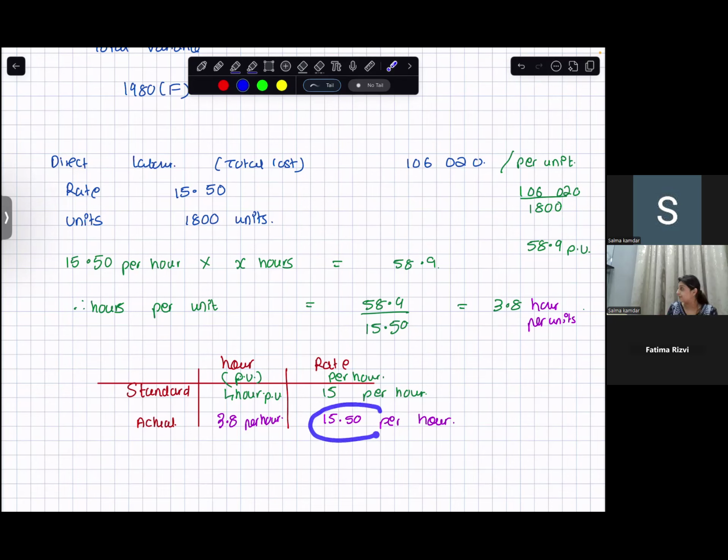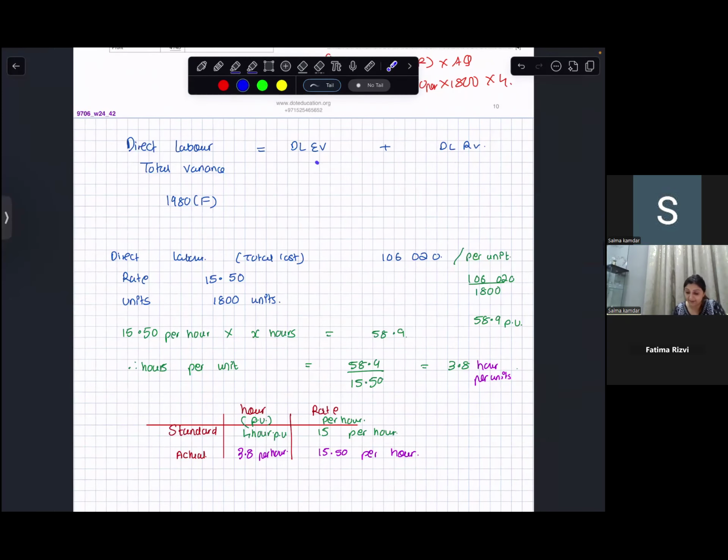I'm paying my laborers more, but they are using fewer hours per unit to make the units, that is 0.2. So I am going to find out the direct labor efficiency variance.